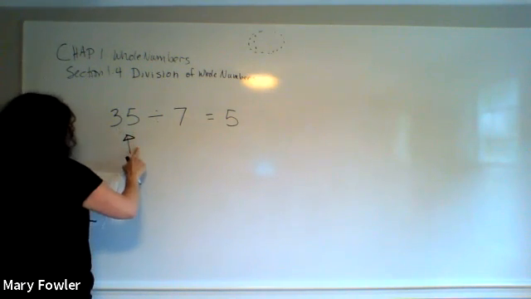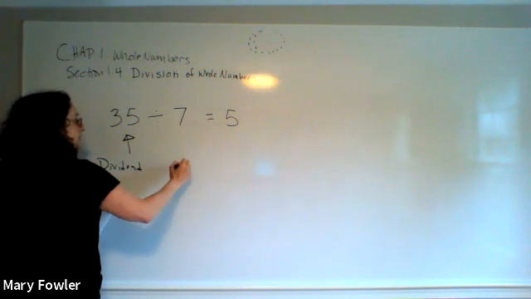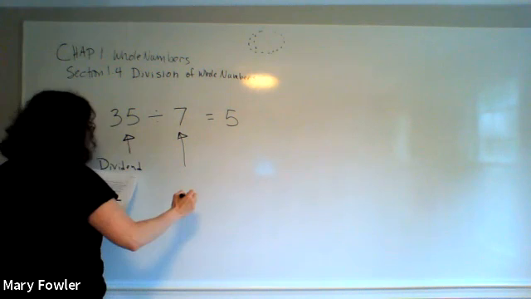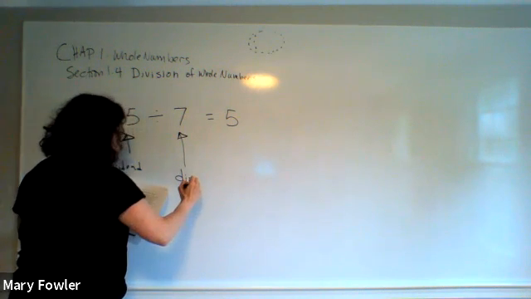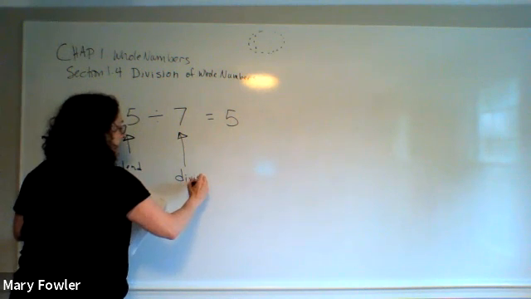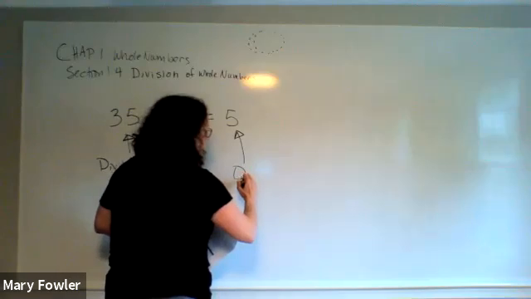So this number here is the dividend. And this number here, the 7, is called the divisor. And finally, your answer is called a quotient.